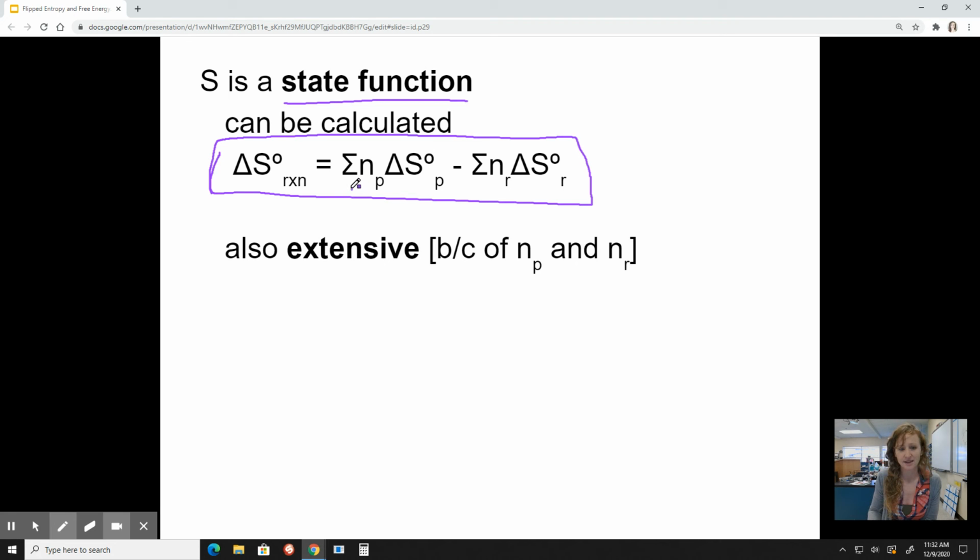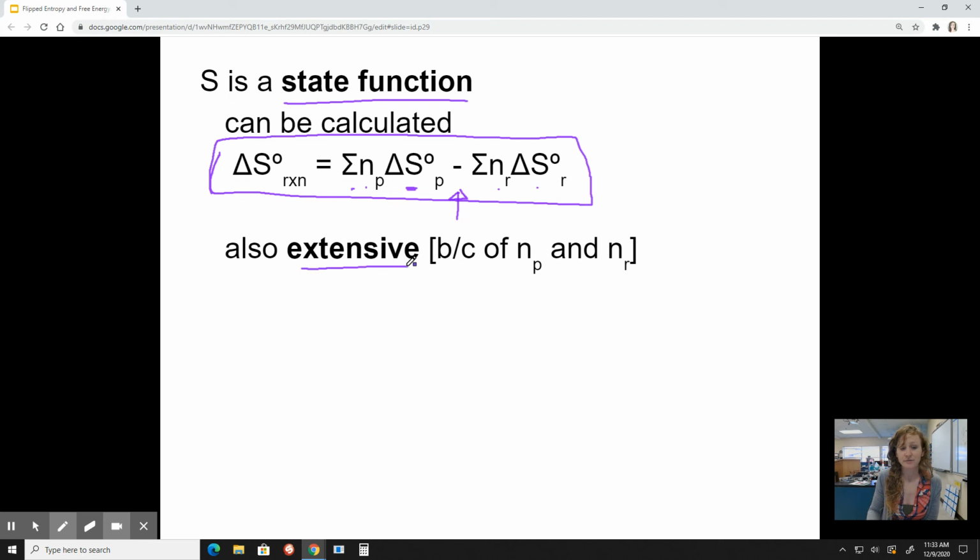So it's going to be the sum of all the entropy for the products multiplied by their respective moles or molar coefficients. And then you're going to subtract all the reactants multiplied by their molar amounts or their coefficients.